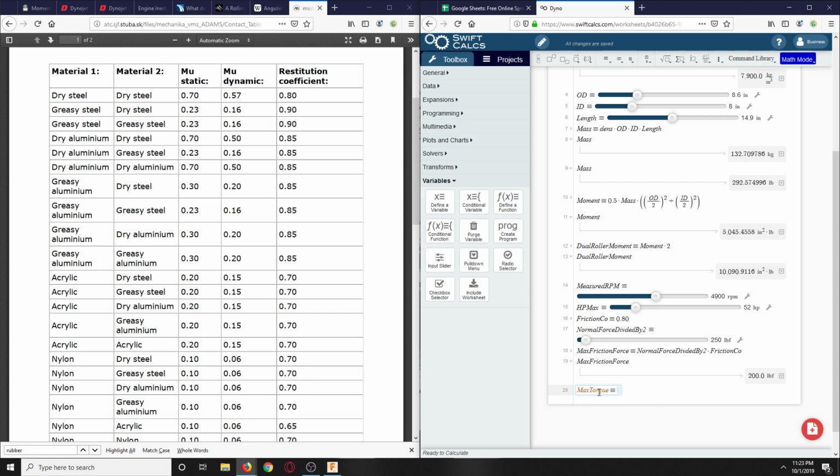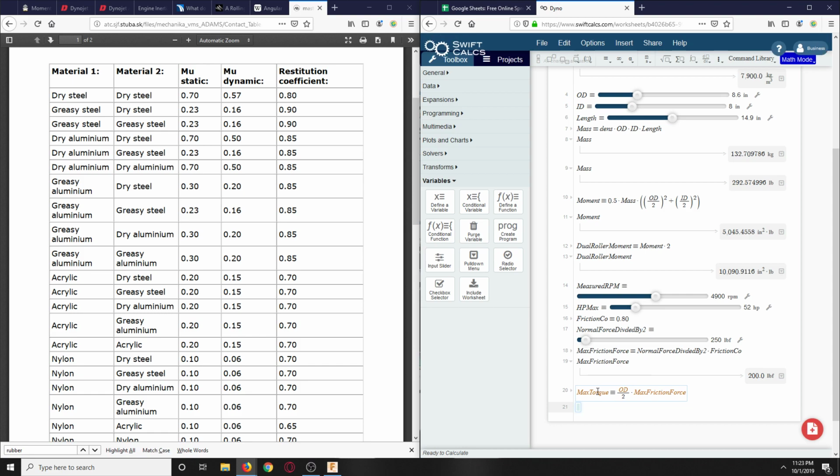So in this case, it's the radius, right? So we want the OD, on the outside of the drum. So it's OD divided by 2, because we want the radius, times max torque is force times distance times the max friction. Okay?